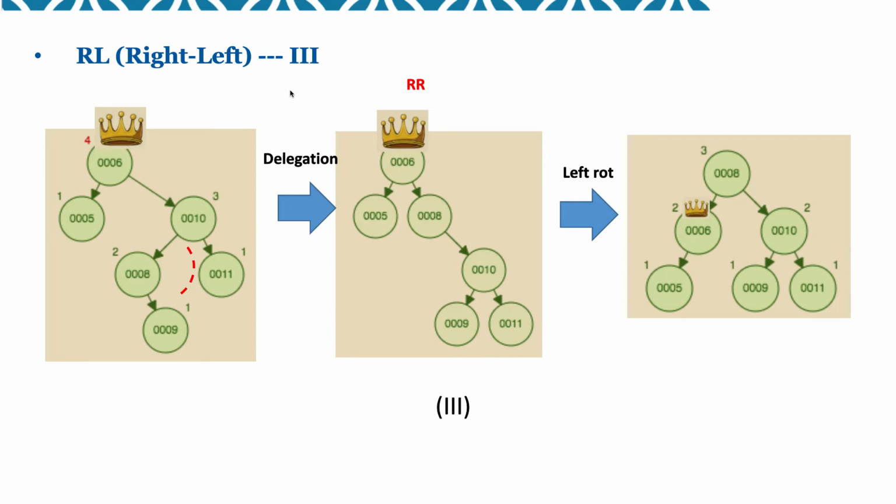For the third case of the RL situation, it's almost the same as that one. But in this case, the first step, the king will delegate the second hand to do its job. So we should perform some operations in the subtree.